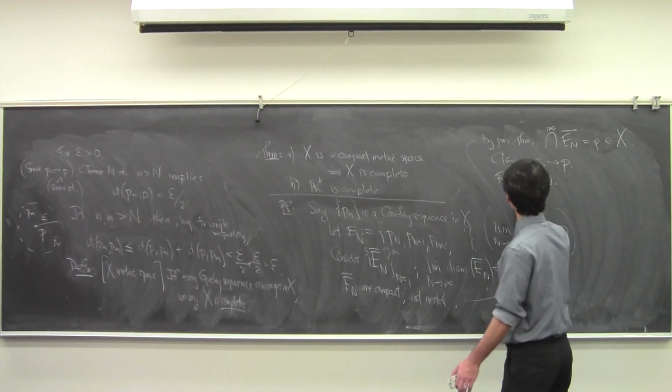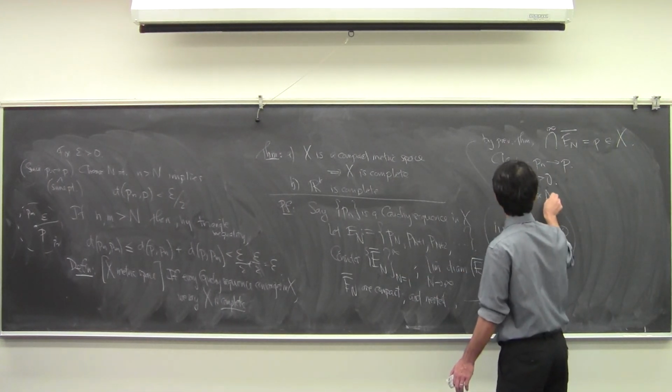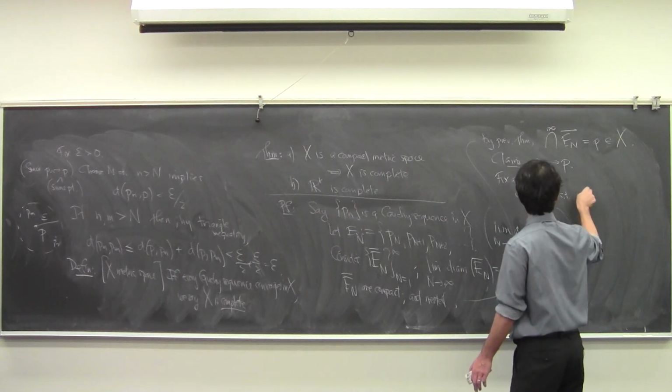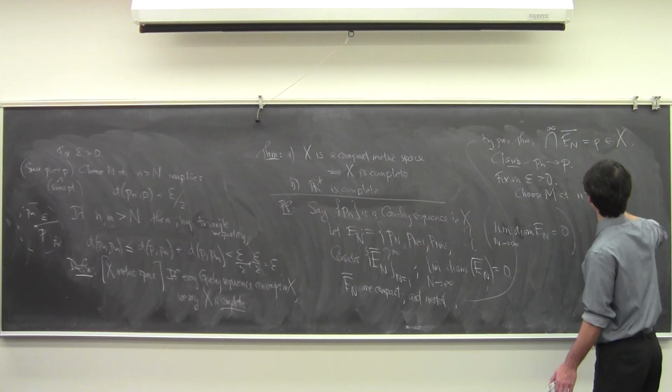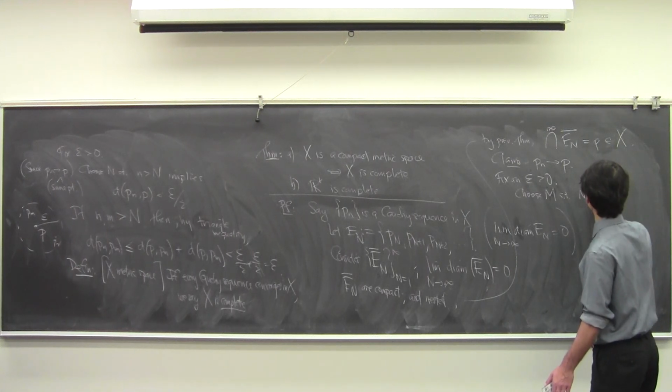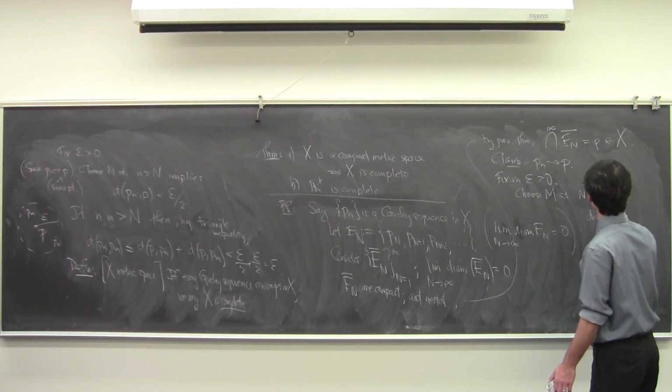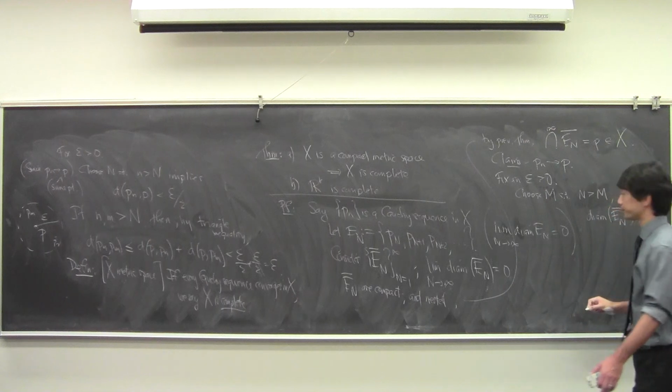So just choose N such that if we're past that point, then the diameter of the closure of E_N is smaller than epsilon.